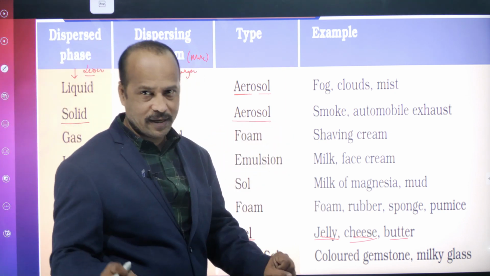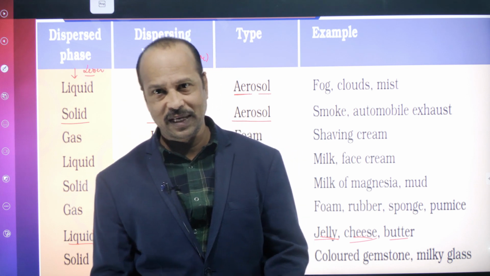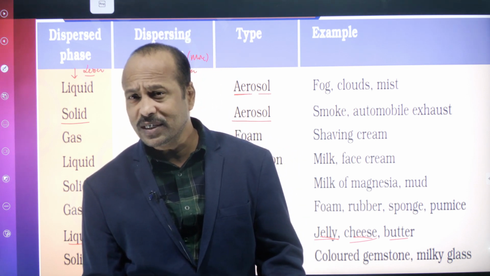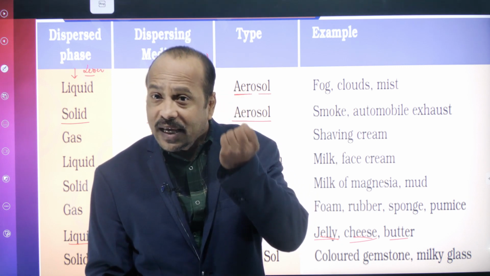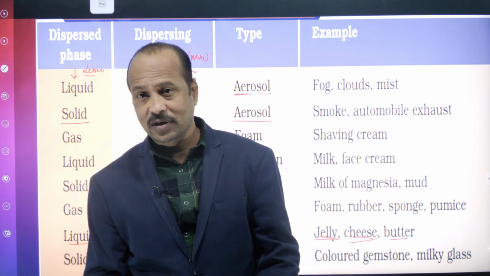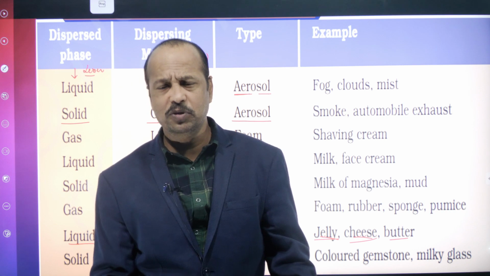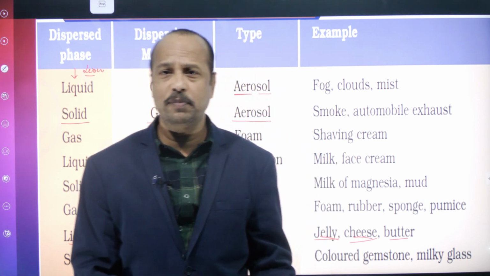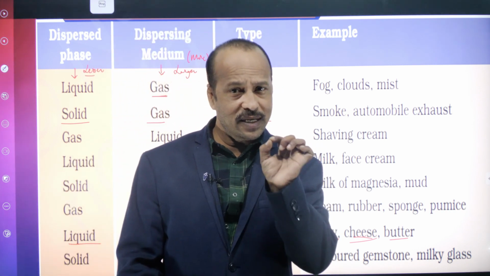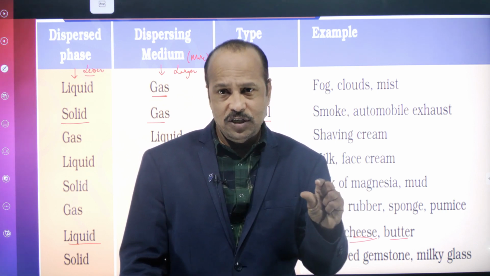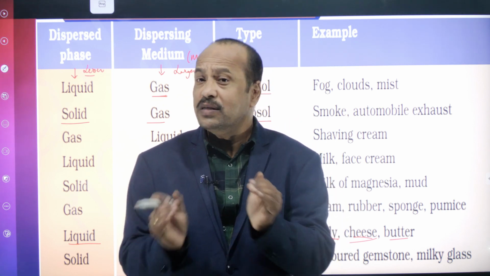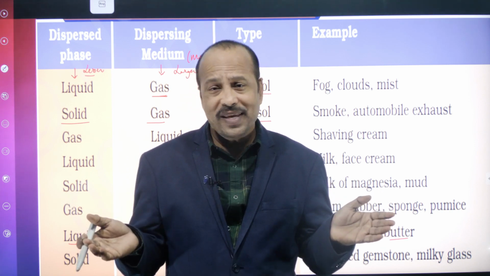When you ride a bike, you get the exhaust from the vehicles, right? What is that exhaust smoke, what does it consist of? These are the unignited carbon particles. Not only carbon, some other particles also will be present. The particles mix with the air, and that makes the smoke. The particles are solid, air is gas.